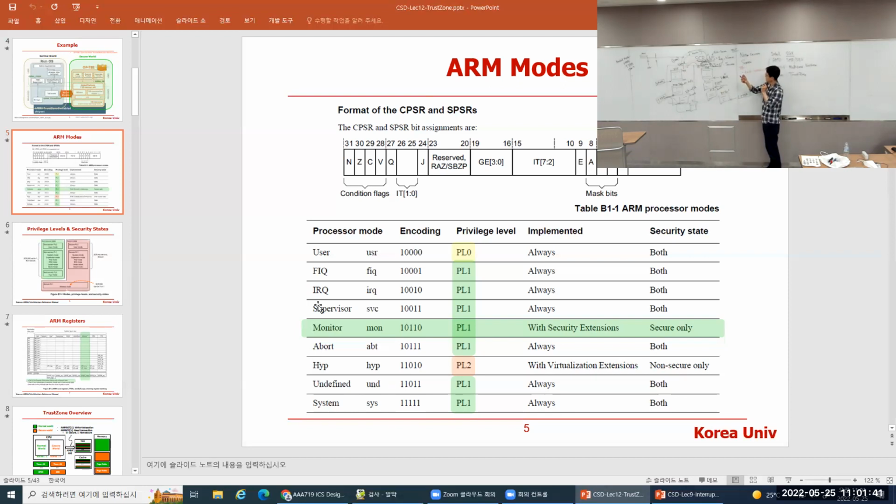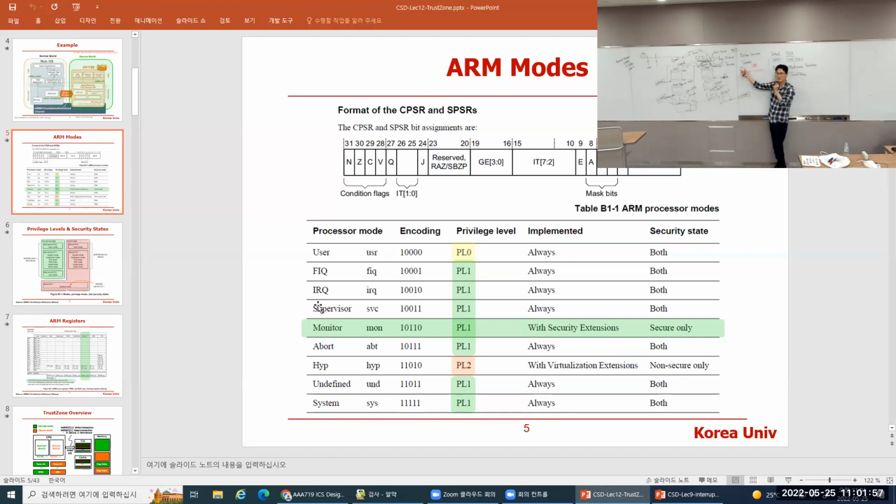And for world switching, one way is using this special instruction called SMC, secure monitor call.